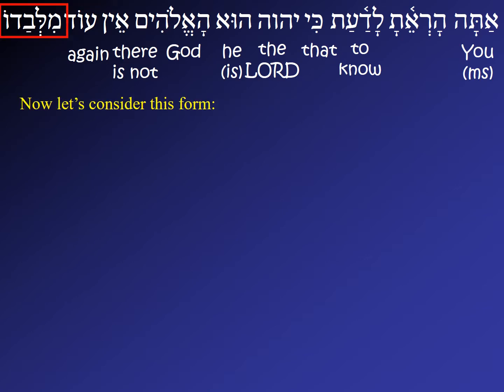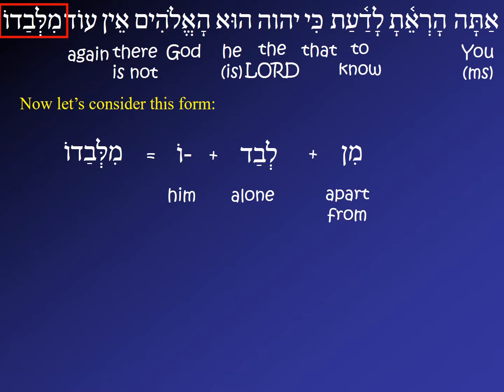Alright. Now this word is more difficult. Milavado. So milavado is made up, of course, of three parts. The first is o, which means him. Levad, which means alone. And min, which is a partitive, so away from, or here probably apart from.